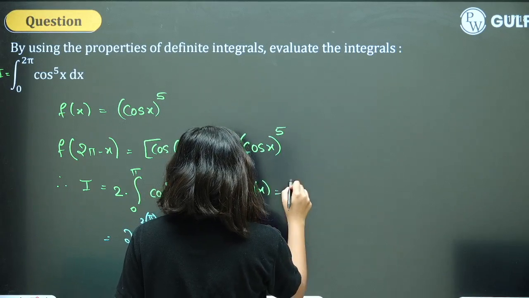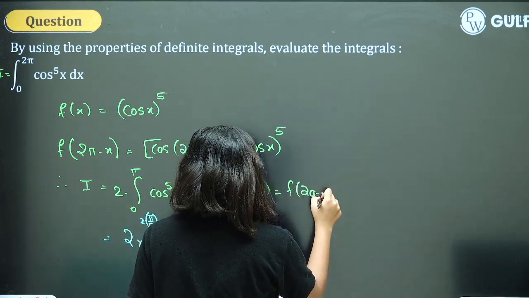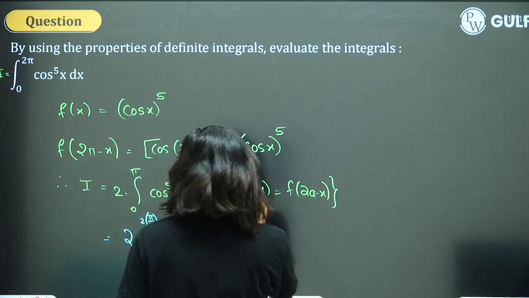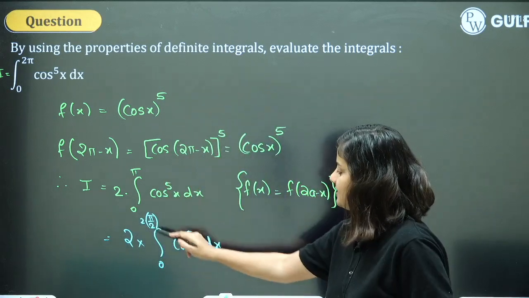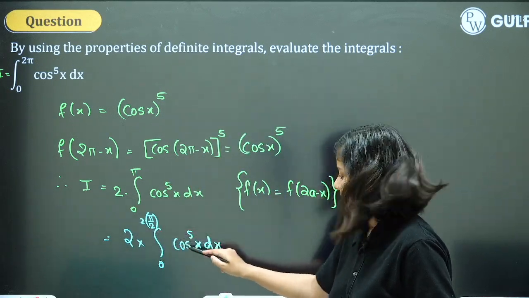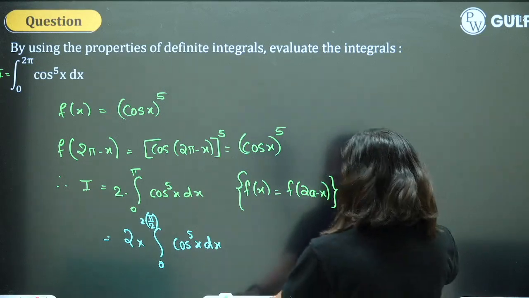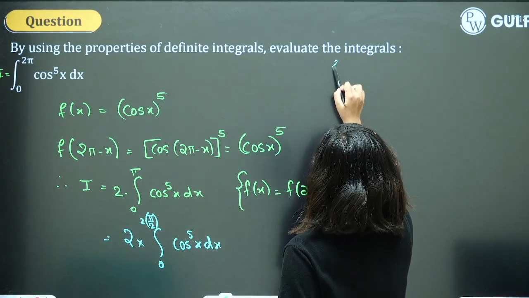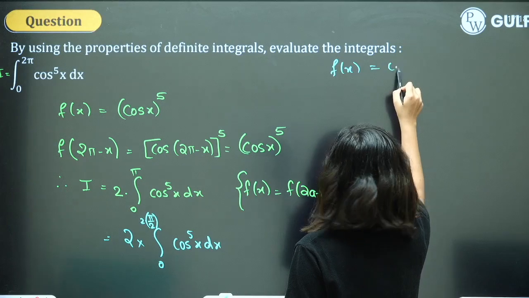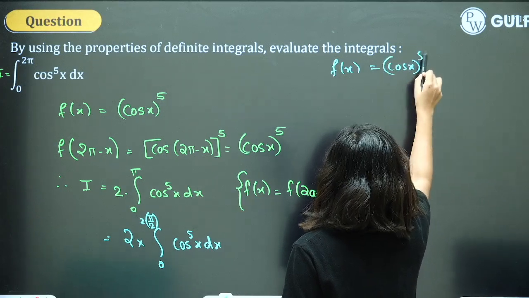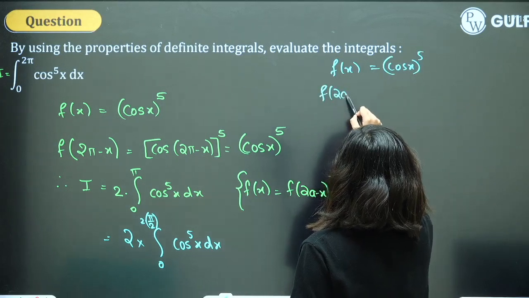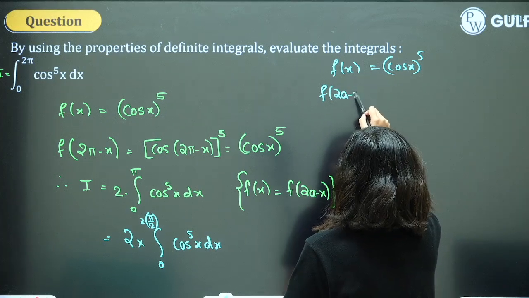f of x is equal to f of 2a minus x. I have written this reason here. Now look here, integral 0 to 2 times a f of x dx. Your new function now is f of x is cos x raised to 5. What is f of 2a minus x?